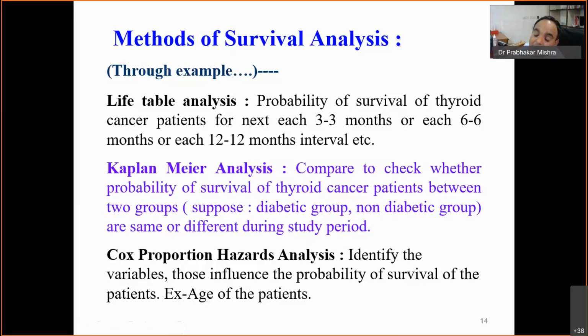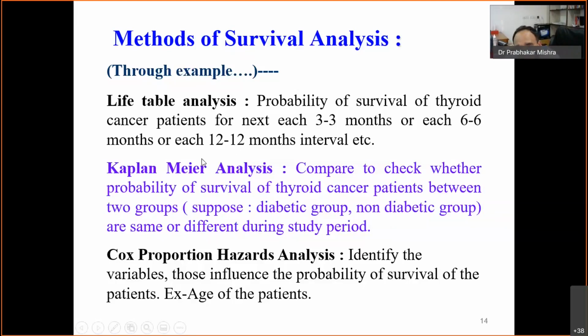Another death happened after 4 months, it means 120 days will be the next duration. So here the duration depends on the next event in the Kaplan-Meier method, and in the life table we have to decide the duration.